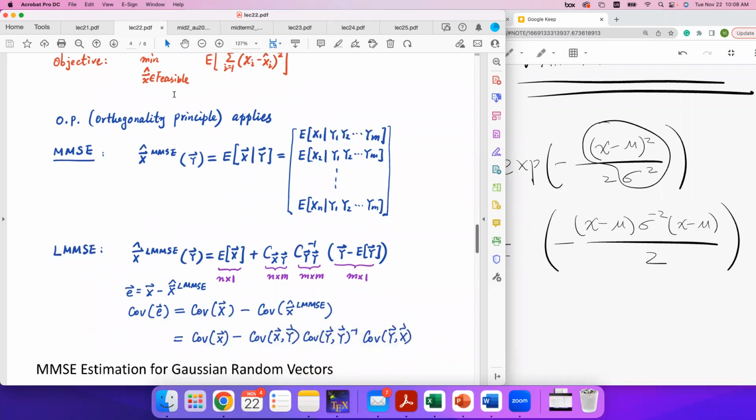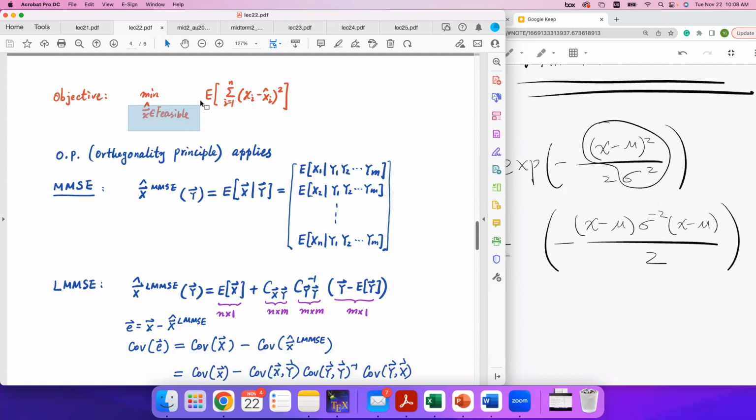And this is when we have no constraint on the estimator class, the MMSE estimator. But when we constrain this estimator class to be within the linear class, then we have the linear MMSE estimator. Now this estimator is given by this form.